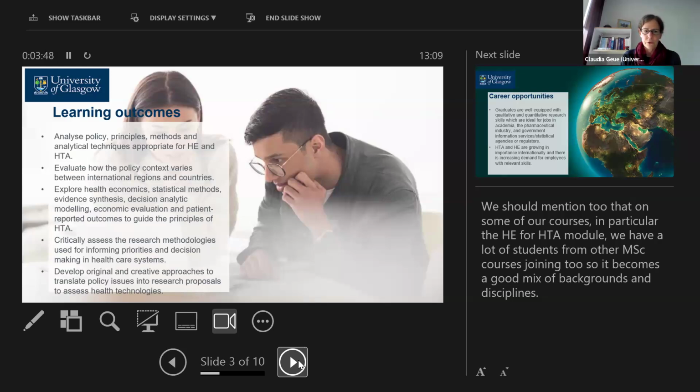Students will also learn to use statistical methods, evidence synthesis, decision analytic modeling, economic evaluation, and also patient-reported outcomes to underpin the principles of health technology assessment and critically assess research methodologies used for informing priorities and decision-making.